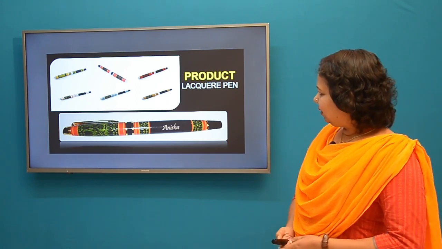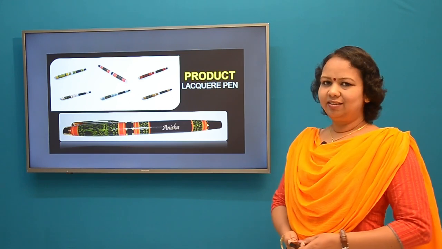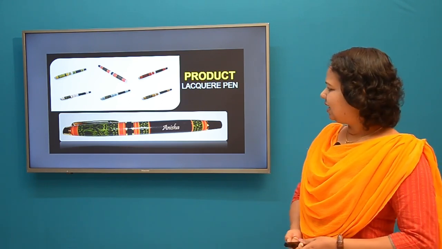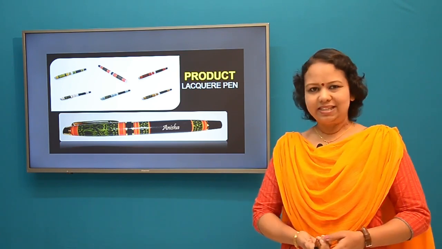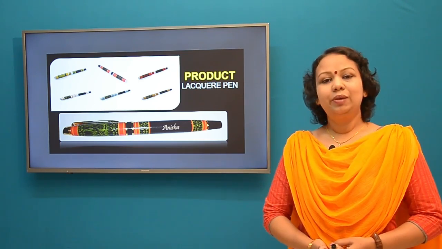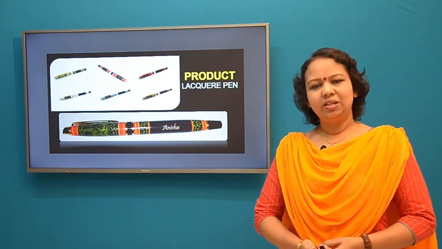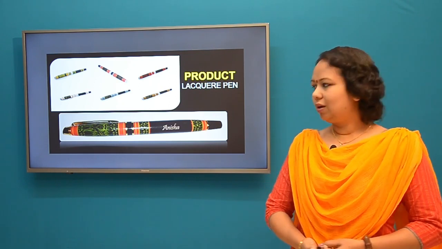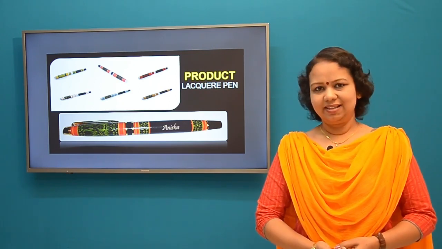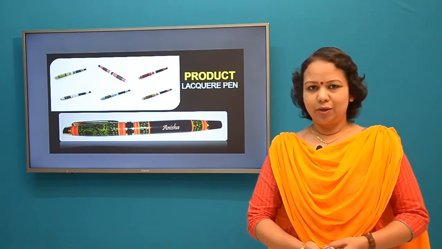So the product which they made is pens, in different colors, different designs, and they have even customized it. If you want to put your name, you can see my name over there. You can make your own named pens, or if you want to give it to someone, you can write down their name also on those pens. You can customize it. That is the speciality of this particular product.